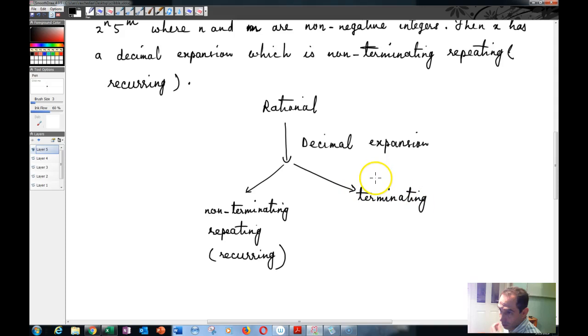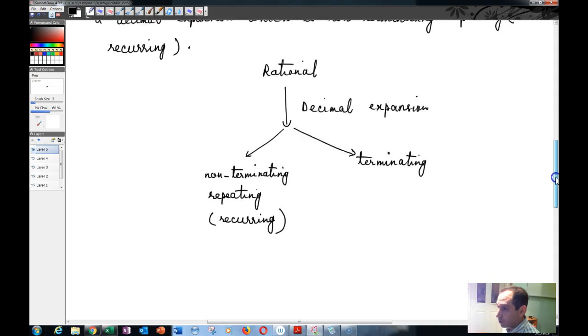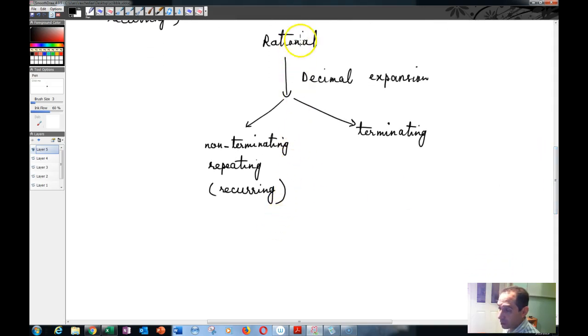Okay, and while we are here, we can also talk about irrational numbers. The decimal expansion of irrational numbers is always non-terminating, non-repeating.